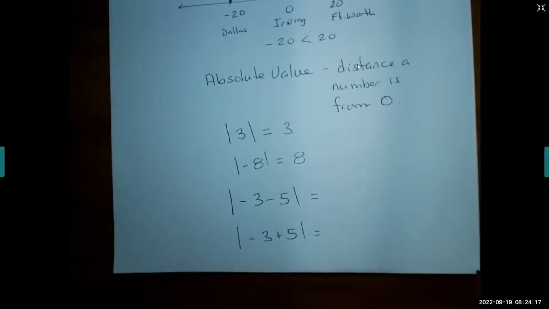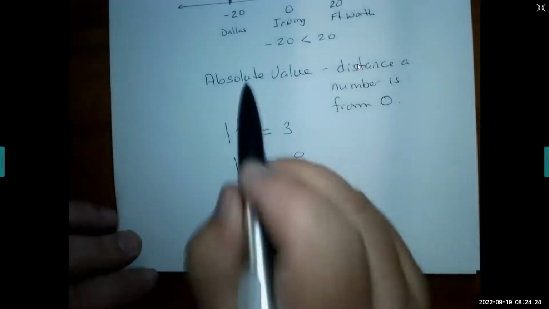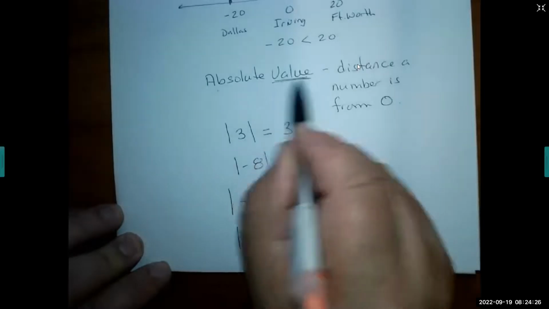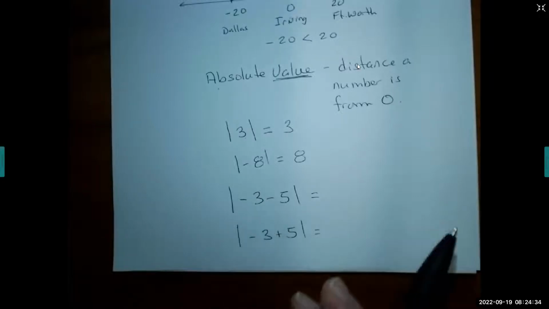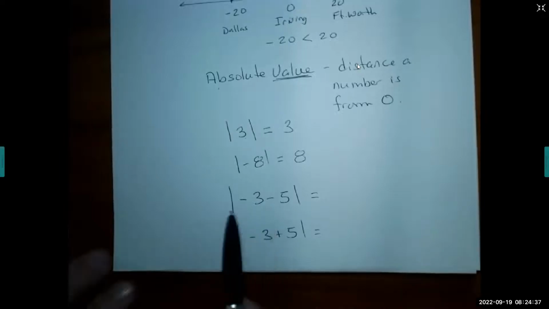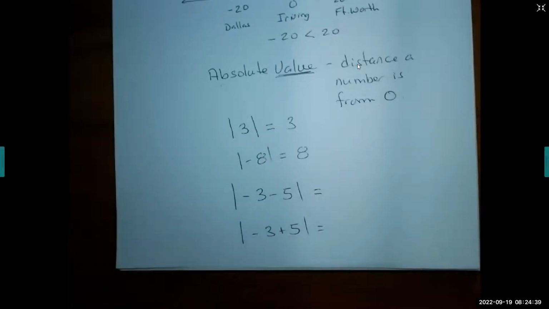What's that? It's an absolute value. What is a value? A value is a number, one number. It's not an equation. Absolute values are like parentheses. When you have that, you have to do inside there first.